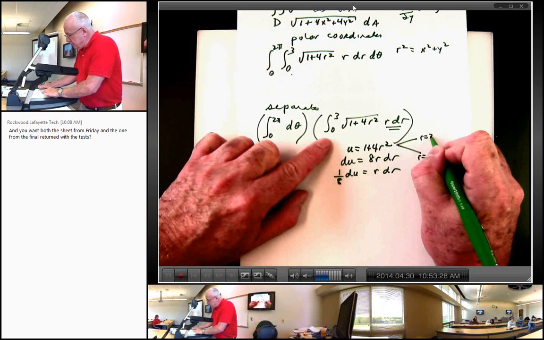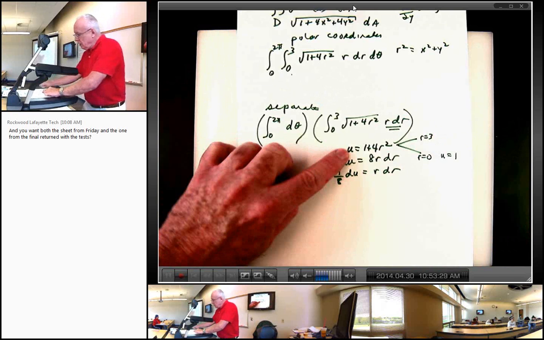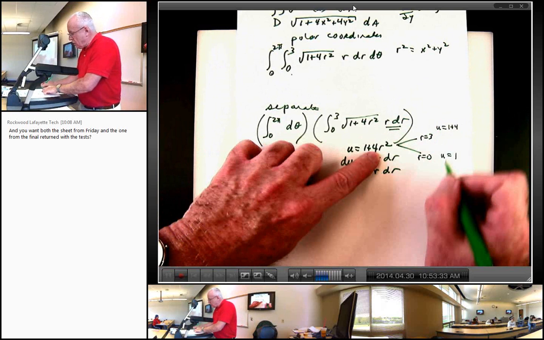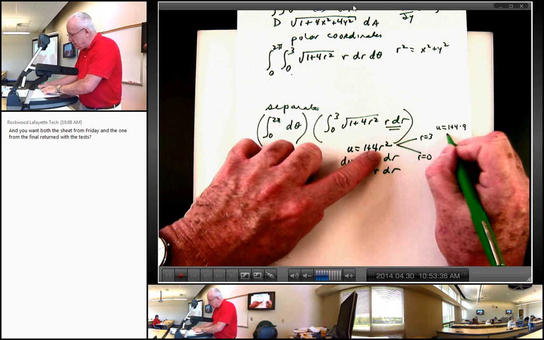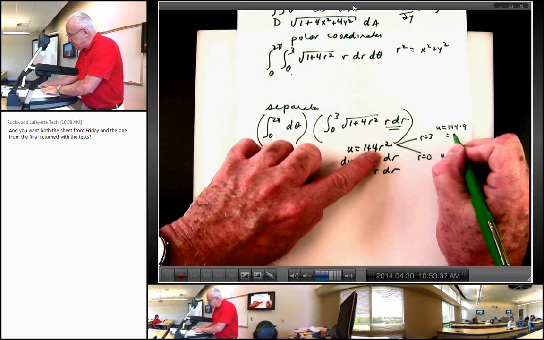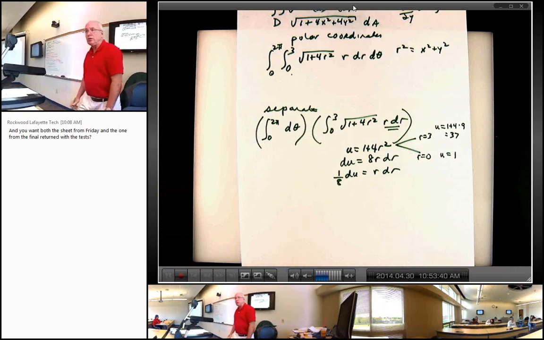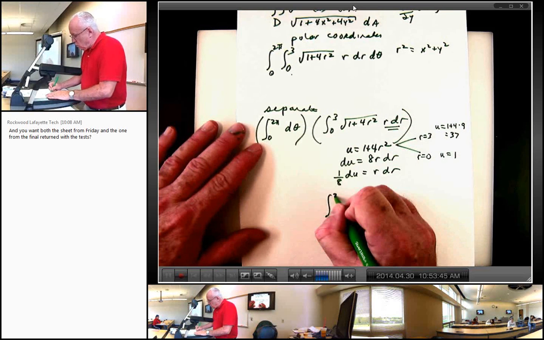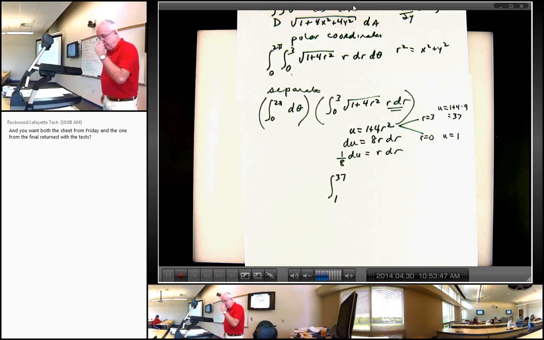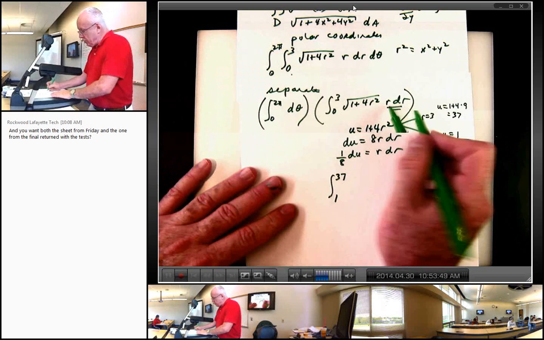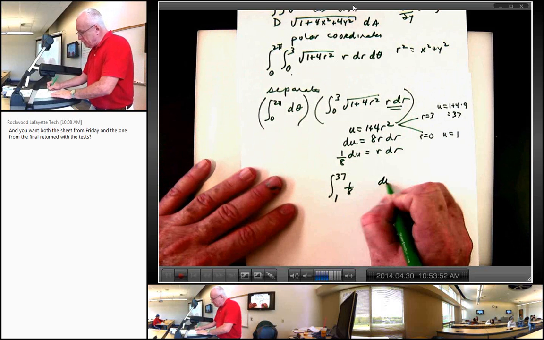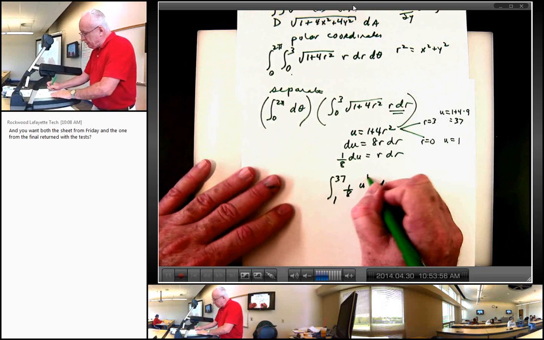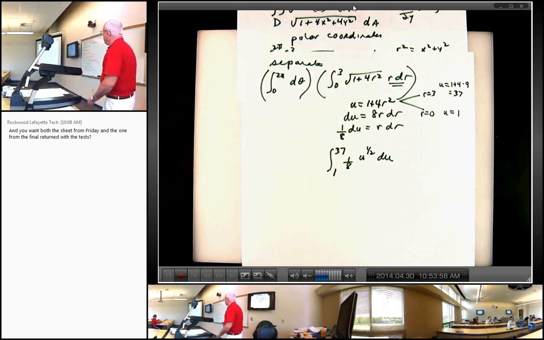When r is equal to 3, u is equal to 1 plus 4 times r squared, which is 9, so that's 1 plus 36. So u is equal to 37 as our upper limit. So this becomes a limit from 1 to 37, r dr gets replaced by 1/8 du, and the square root is replaced by u to the 1/2 power.